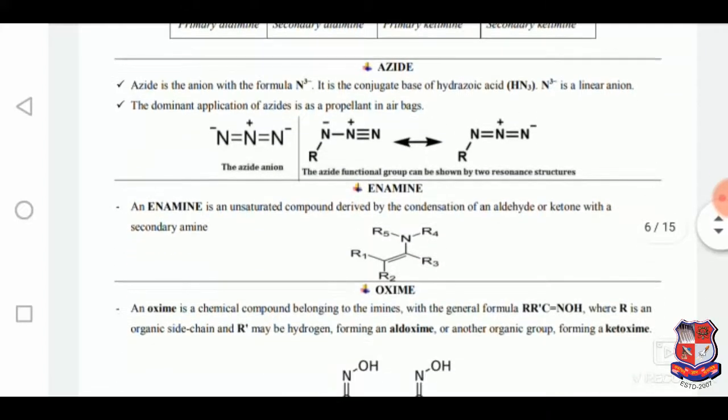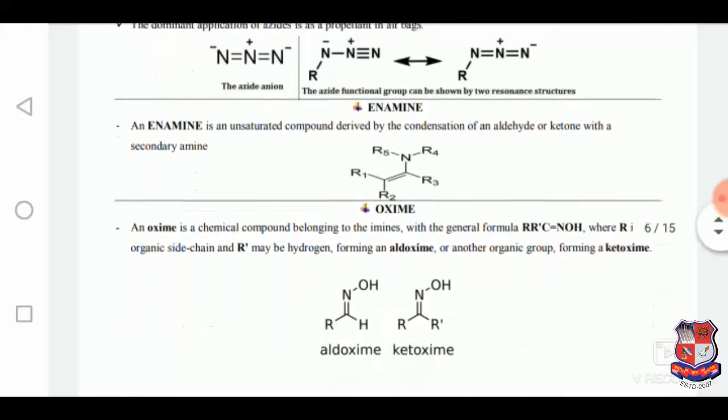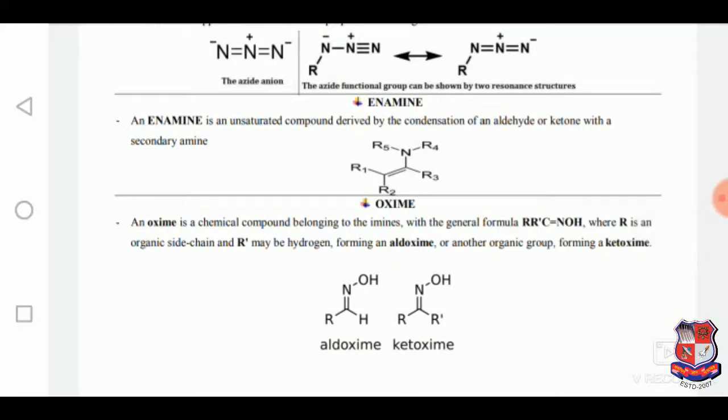Azide. Azide is an anion with the formula N3 minus. It is the conjugate base of hydrazoic acid. N3 minus is a linear anion. The nominal application of azides is as a propellant in airbags. Enamine is an unsaturated compound derived by condensation of an aldehyde or ketone with a secondary amine.